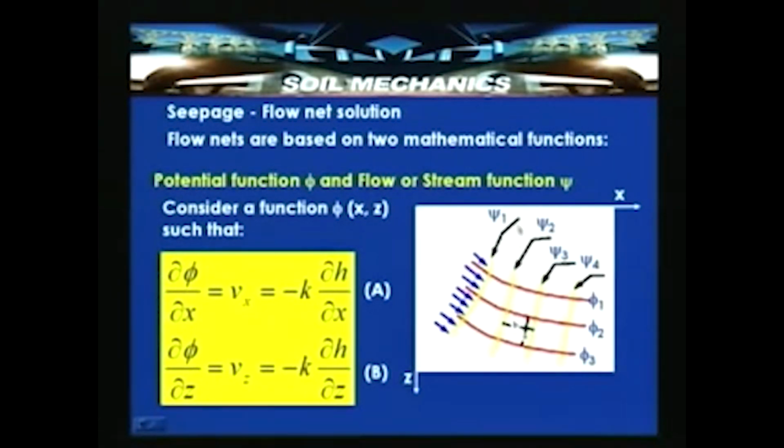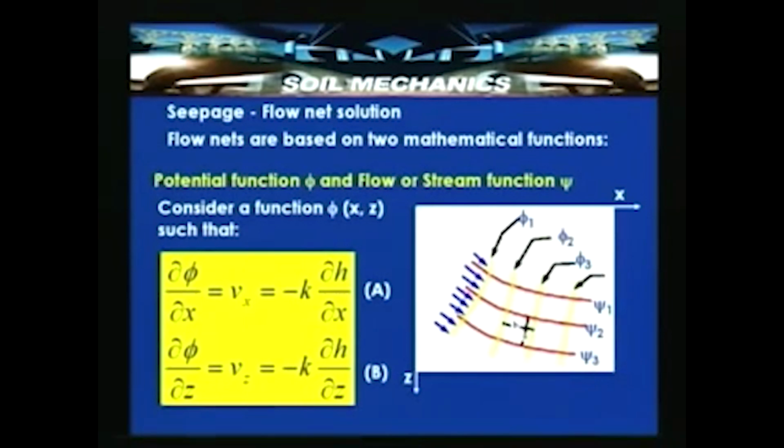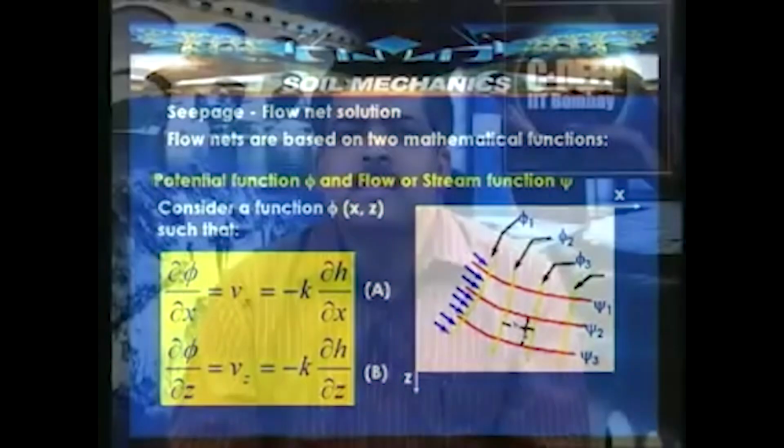So, what we consider is that these families of curves are represented by functions called psi 1, psi 2, psi 3, psi 4 or phi 1, phi 2, phi 3. So, let us consider these flow nets are based on two mathematical functions: one is potential function phi and the other is flow or stream function psi.